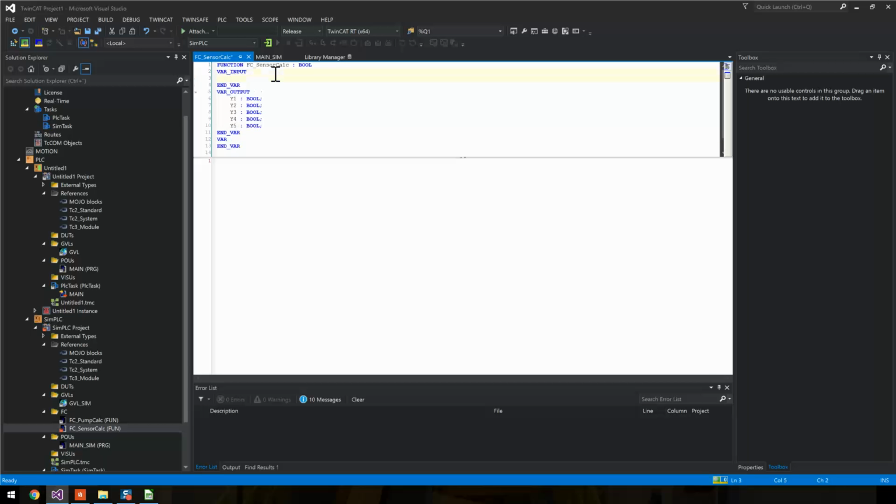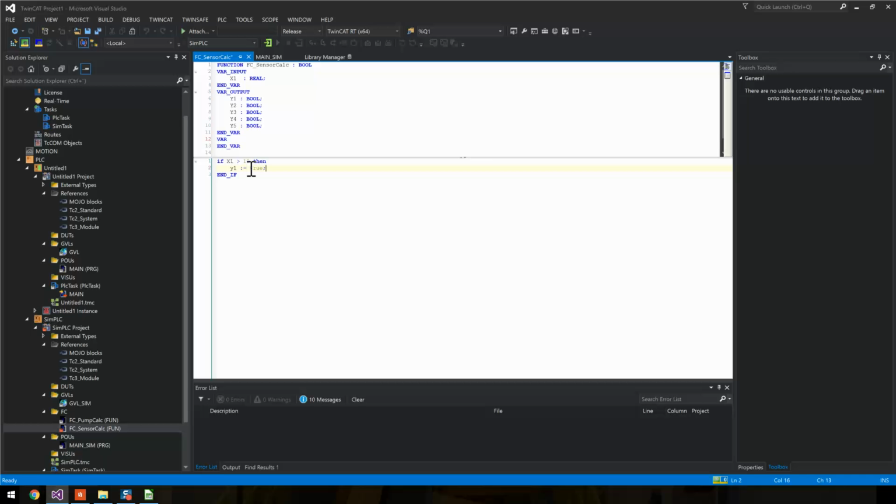And the input will be the water level. So the example, if x1 is greater than 10, then y1 is true. Otherwise it will be false.